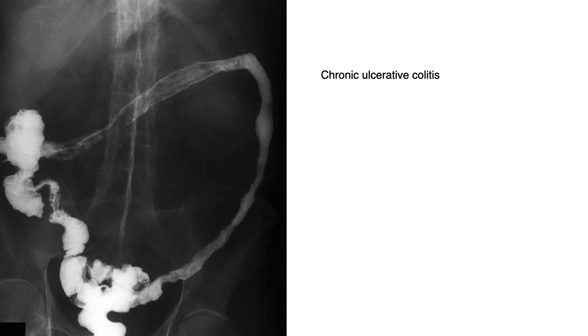We will talk more about this in surgery, because there you have the main radiological signs for it. So when you see a colon like this, you can think this is maybe chronic ulcerative colitis, but for now, for you, it's okay.